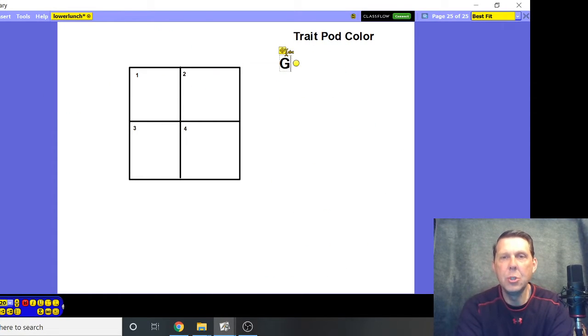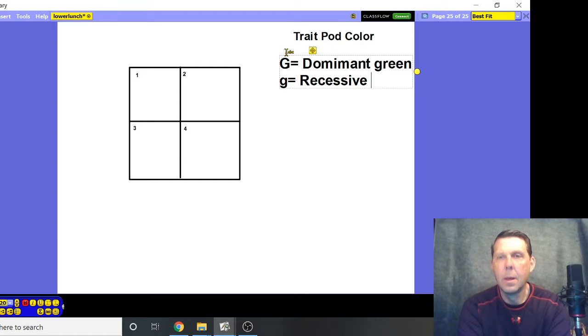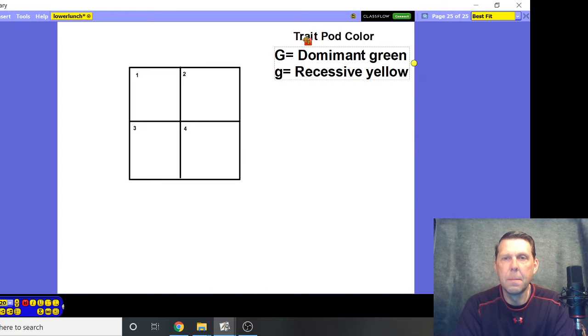So we're going to use capital G, and that is dominant for green. Lowercase g then is going to equal recessive, and that means it would be yellow. Those are the only two choices for the pea plants.